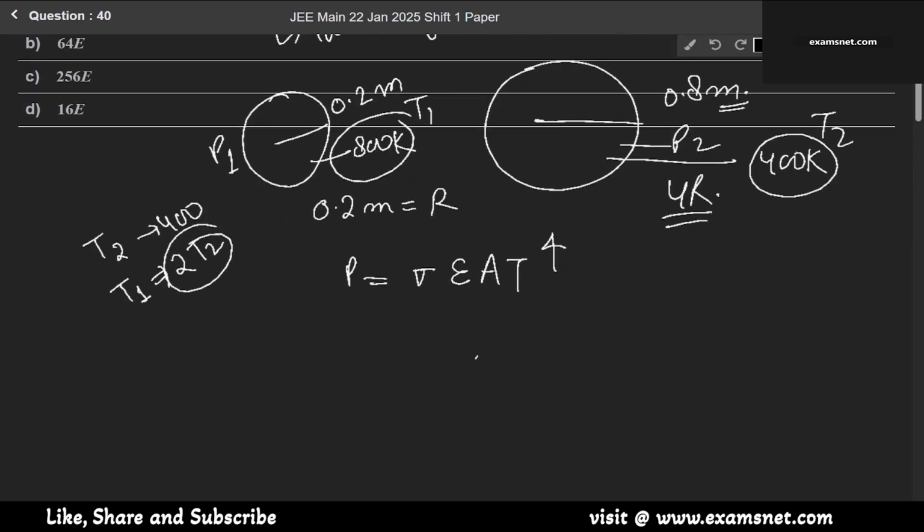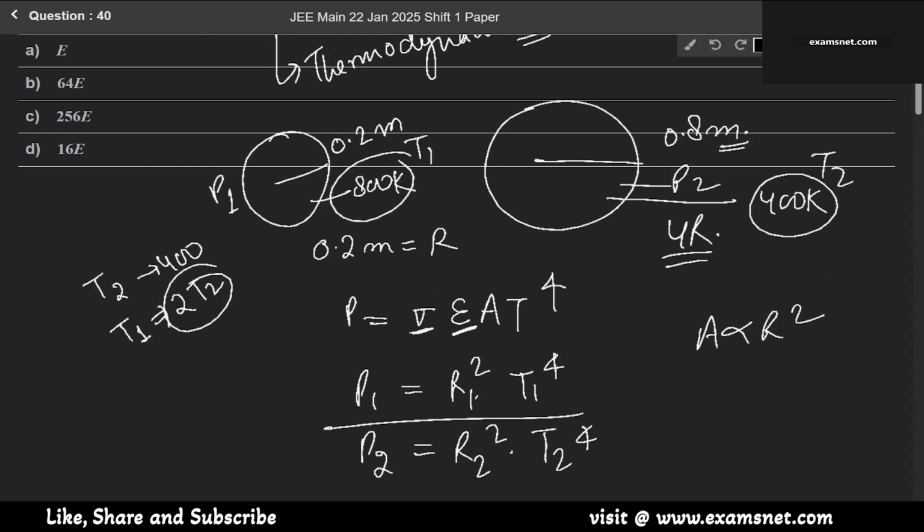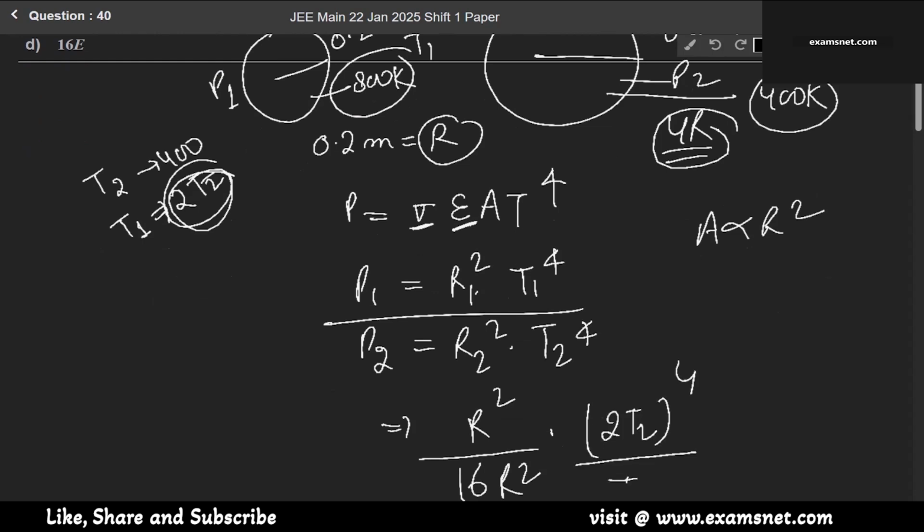Just put these values in the formula. Sigma and epsilon will not change, and area is directly proportional to R square. So P1 is proportional to R1 square T1 power 4 and P2 is proportional to R2 square T2 power 4. Since R1 is R and R2 is 4R, P1 over P2 equals R square into T1 raised to the power 4 over 16R square into T2 raised to the power 4. T1 is 2T2, so 2T2 raised to the power 4 over T2 raised to the power 4.